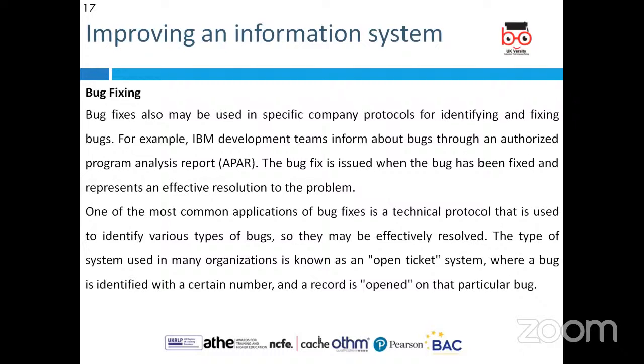Also, another way to improve our information system is through bug fixing, where it might be used in specific company protocols for identifying and fixing bugs. As we can see, there are examples where the IBM development team would inform about all the bugs through authorized programming analysis reports.